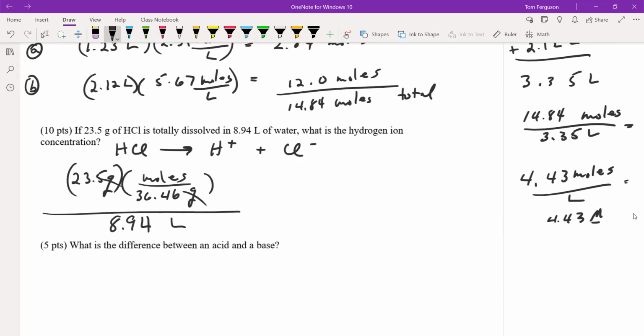So now we have moles per liter, which is concentration. So once we find the concentration of HCl, that's the same as the concentration of H plus, because it's a 1-to-1 relationship from the balanced equation.